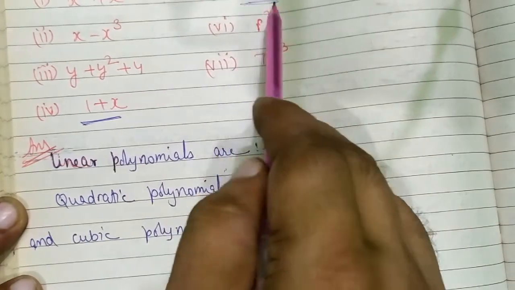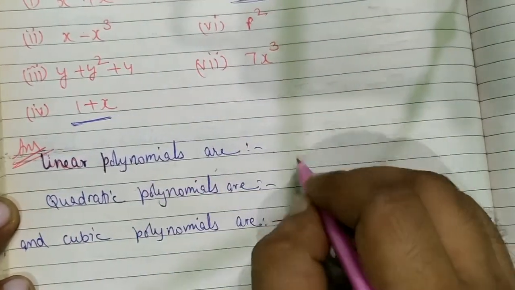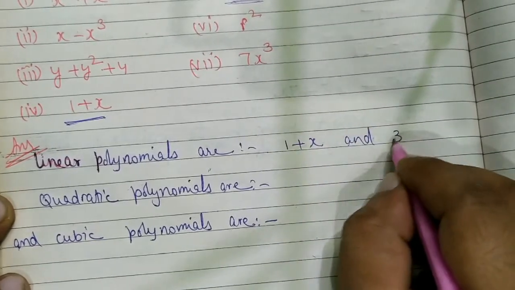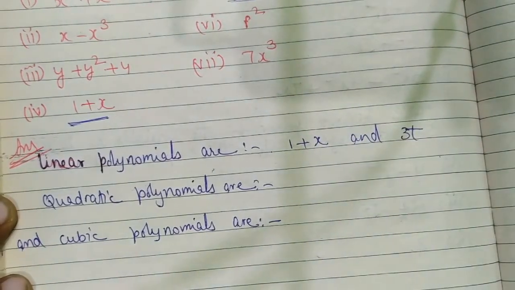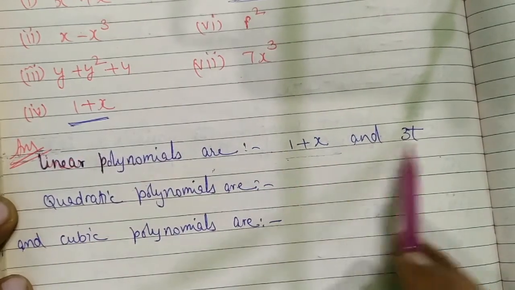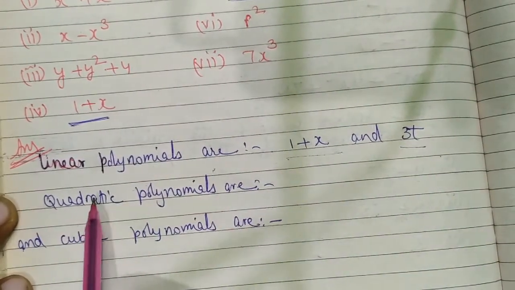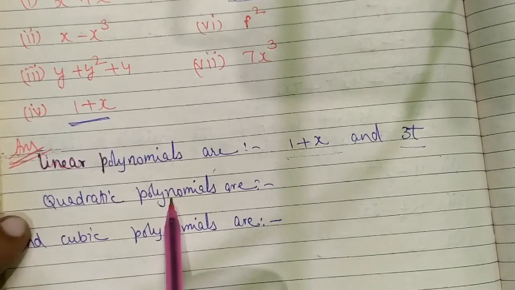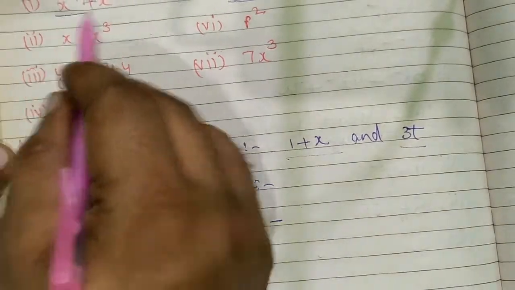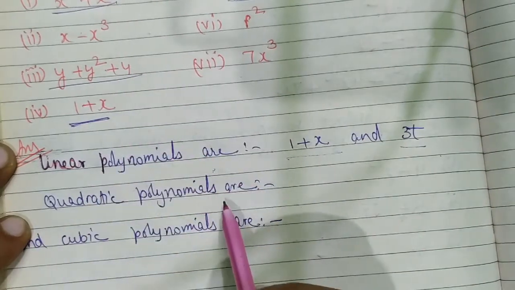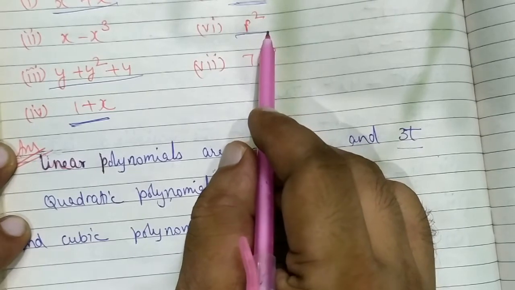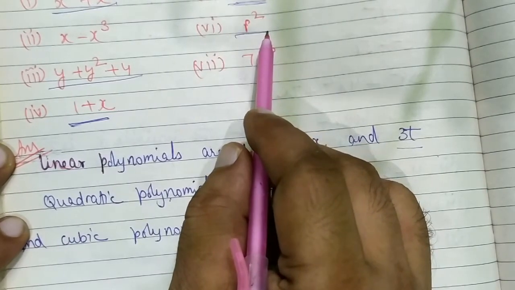this one, right? So we will write here linear polynomials are 1 plus x and 3t. Okay, so both of these are linear polynomials. Now quadratic polynomials are those polynomials which are having the highest degree as 2. Now highest degree as 2, this is 1 and this is 2 and this one, I think only this one are the quadratic.